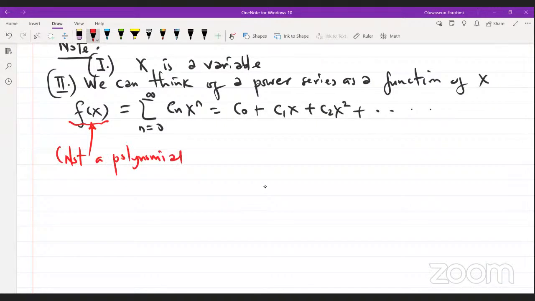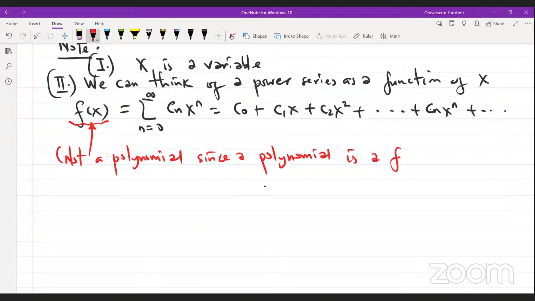You might be tempted to think it's a polynomial, but not quite, because polynomials have finite sums, but these are infinite. So it's not a polynomial, since a polynomial is a finite sum.